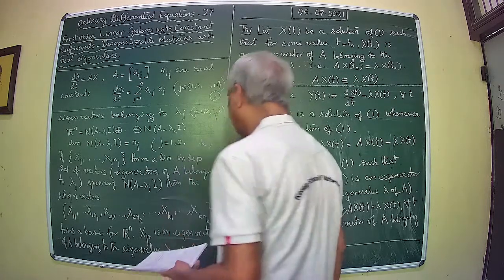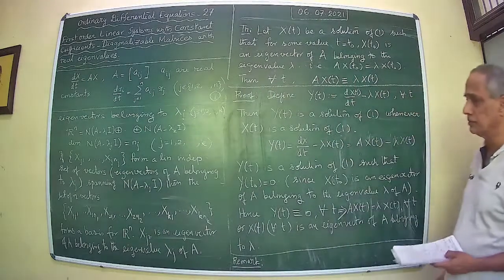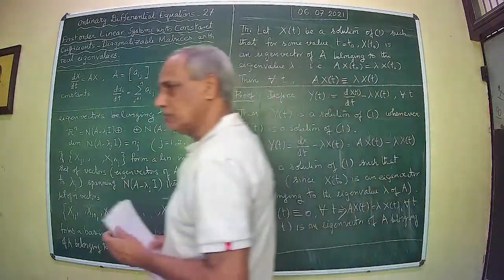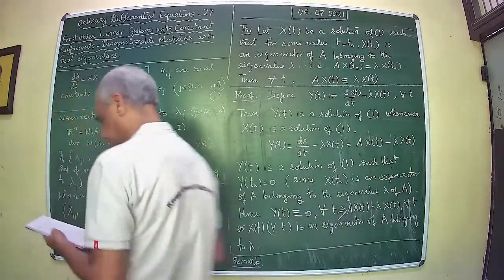You see, there is a terminology that an eigenvector is also a characteristic vector, an eigenvalue is also called a characteristic value. Okay.